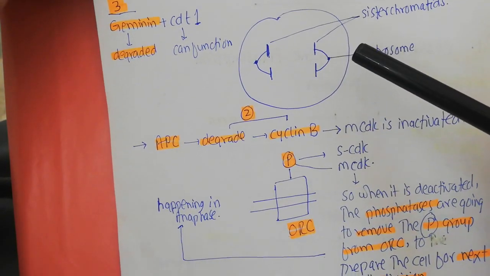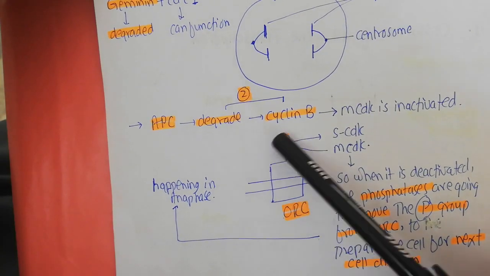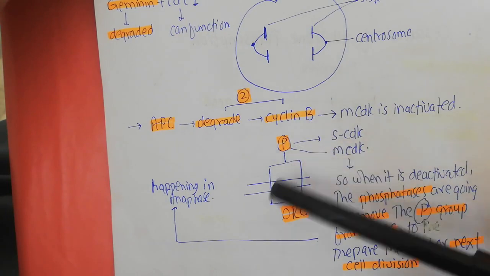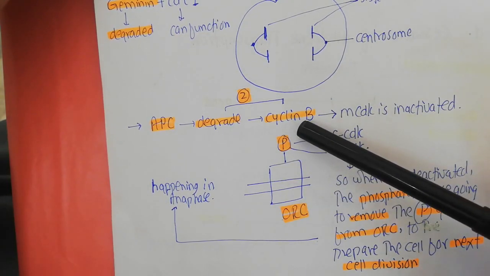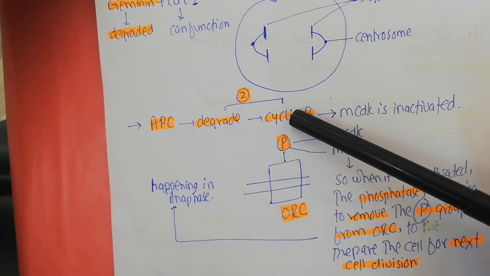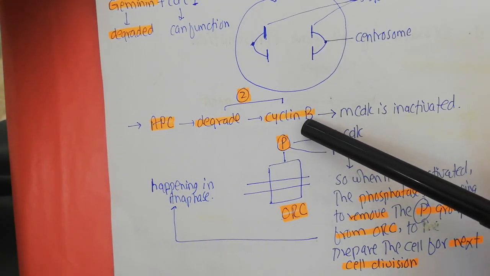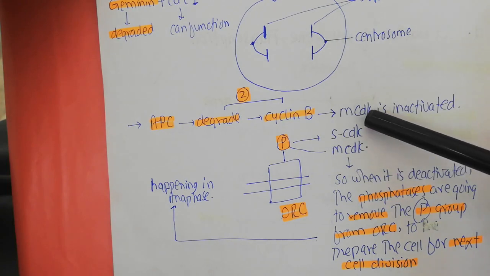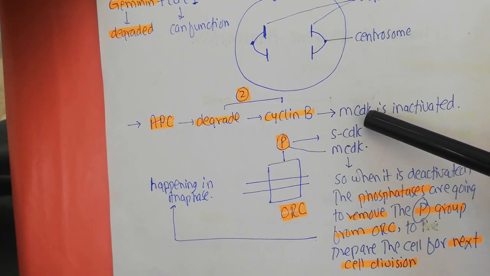Another important function of the Anaphase Promoting Complex is that it is going for the degradation of the cyclin B in the same manner that it is degrading the Securin protein. It is going to attach a ubiquitin protein to the cyclin B, and the cyclin B is going to get degraded by the proteasome. Now, when this cyclin B is degraded, that means that your MCDK is going to get inactivated.